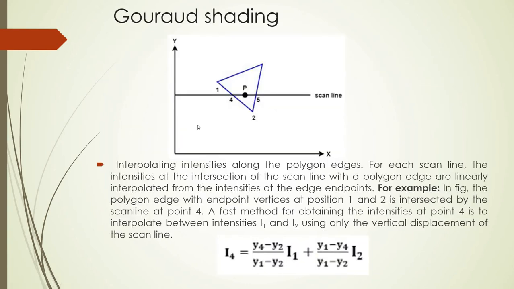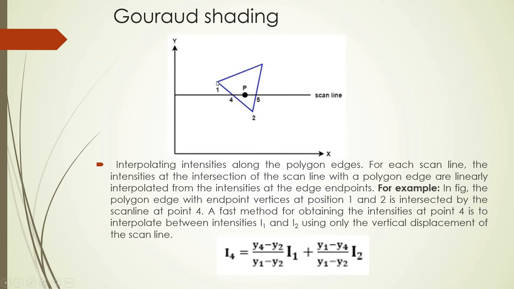Now for Gouraud shading, consider this is our polygon, and we are having one scan line over there. This is my particular point for which I have to calculate the color intensity. For that I will calculate this point 4. These are my two vertices, vertex 1, vertex 2, and here we are having vertex 3 as well.